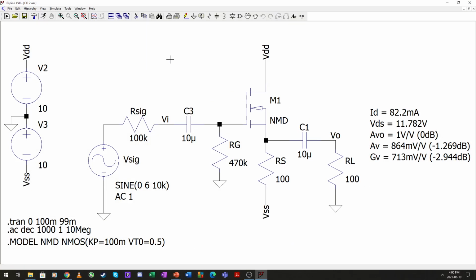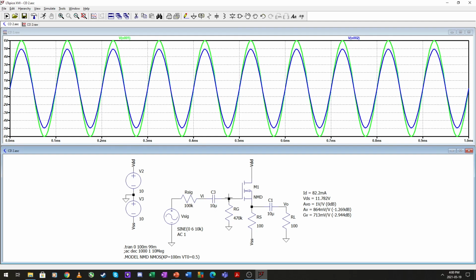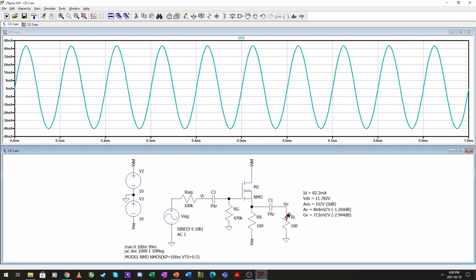So our simulation correlates quite well with our analysis. Here's our input. There is our input after the voltage division, and there is our output with the load. Okay, so that's through the amplifier.